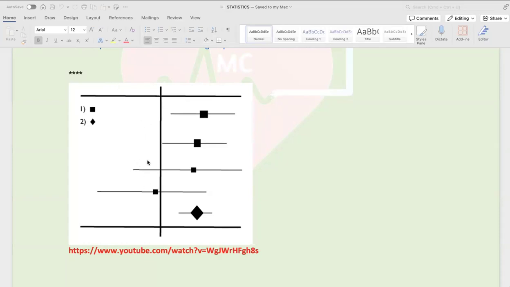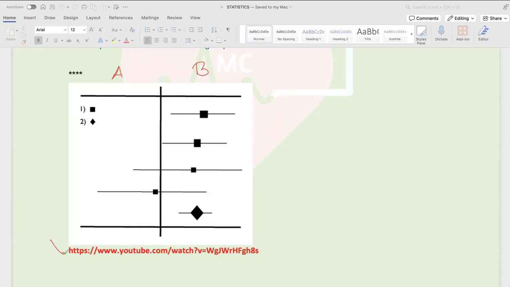The way it comes in the exam is that they give you this forest plot, which is a pooled result of a meta-analysis. Let's say they have given you this kind of picture and they say this is drug A and this is drug B, and they ask what you understand from this. If you have never seen it, you will not understand what it is.